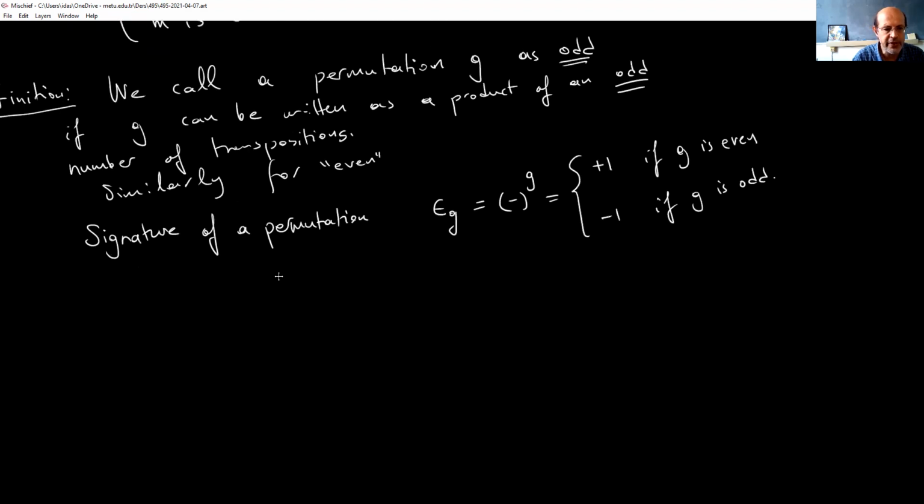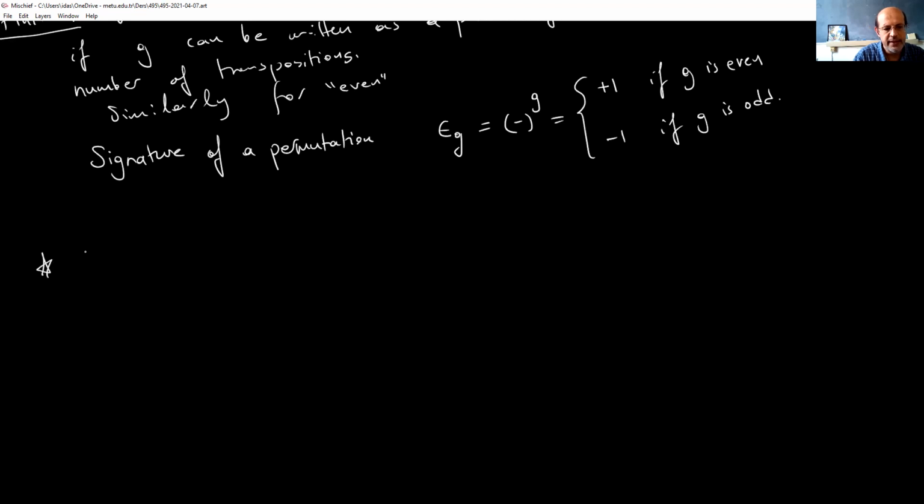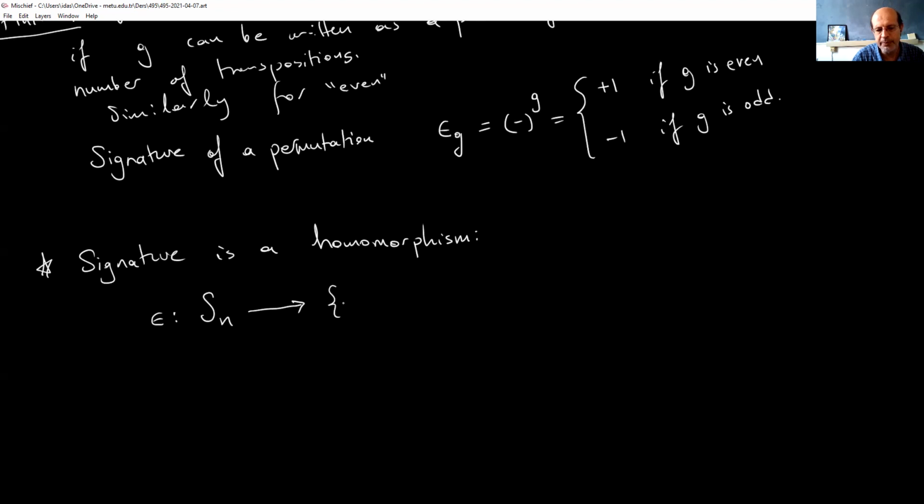All right, so the first thing is that signature is a homomorphism. So this function from the symmetric group to the group of numbers +1, -1 together with multiplication is a homomorphism, right? So that's a theorem.